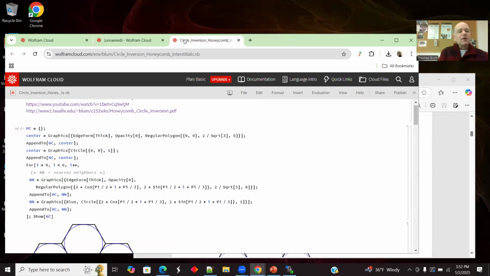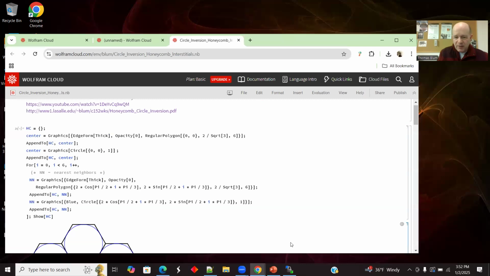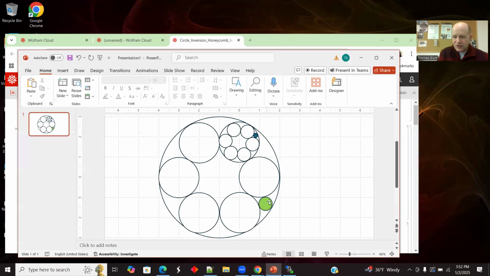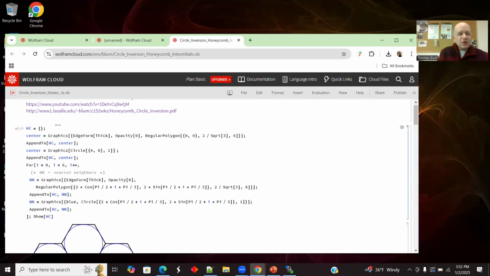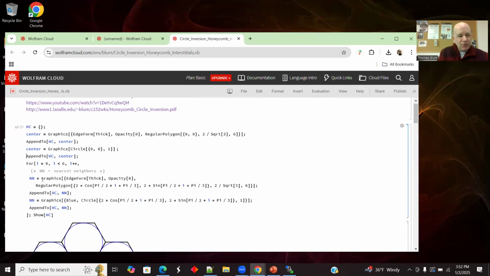Again, I'm looking for the radius of this circle. So I went back and re-entered this.